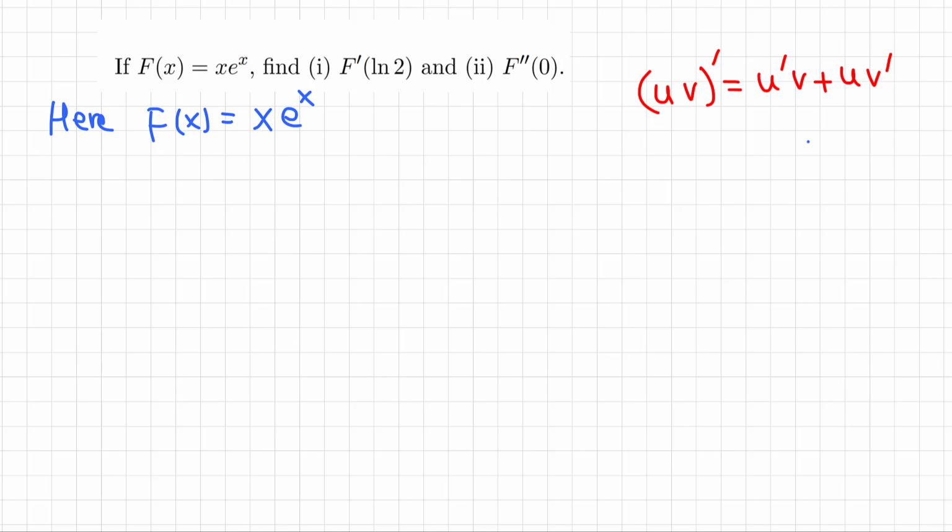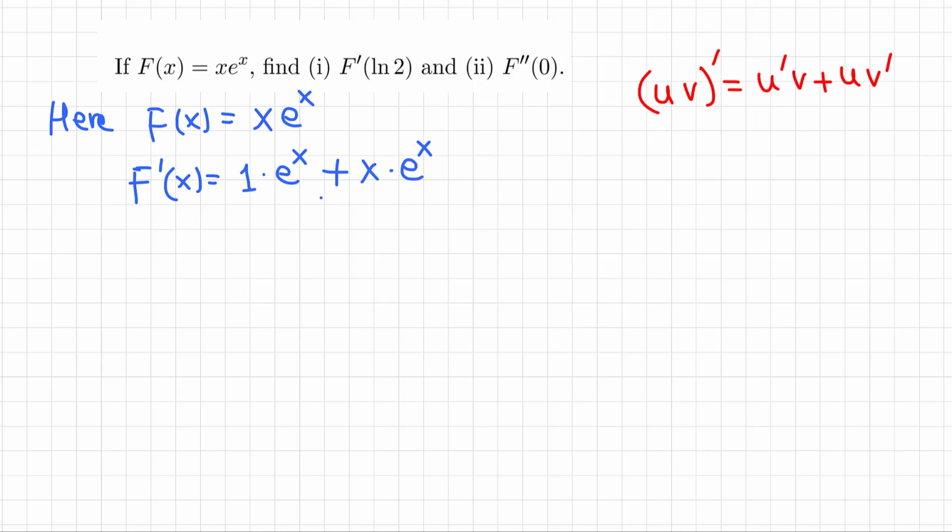So using that product rule, the derivative is the derivative of x, which is 1 times e^x, plus, leave x alone, times the derivative of e^x. Okay, that's v prime, and the derivative of e^x is e^x itself.